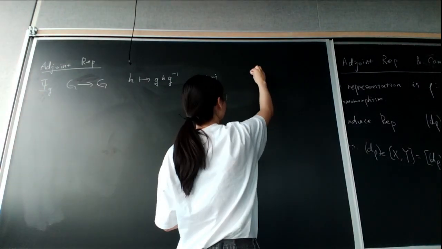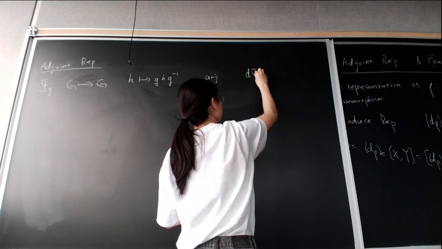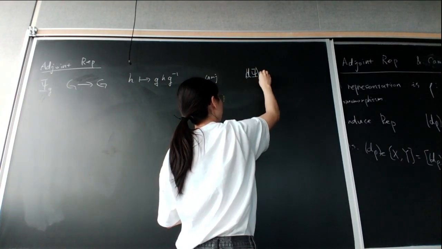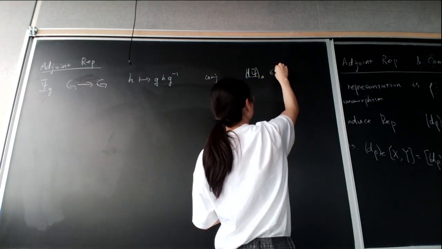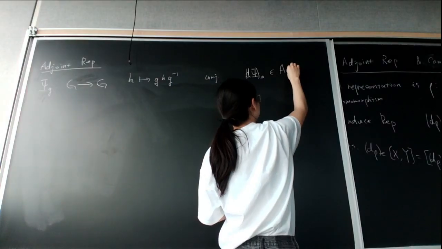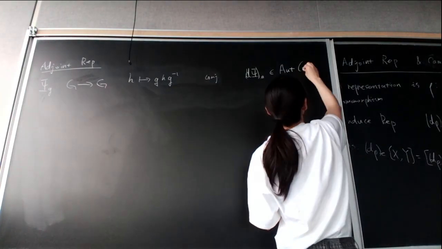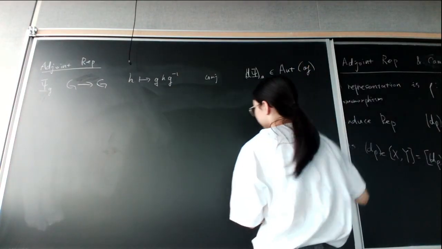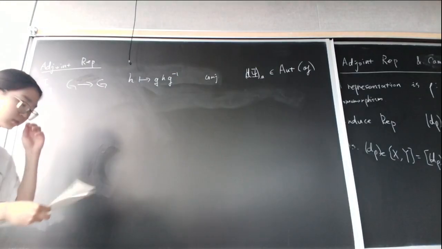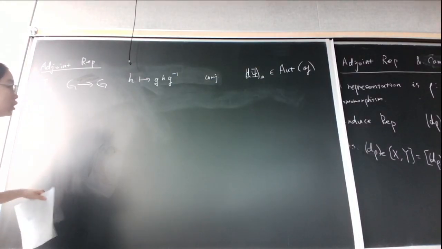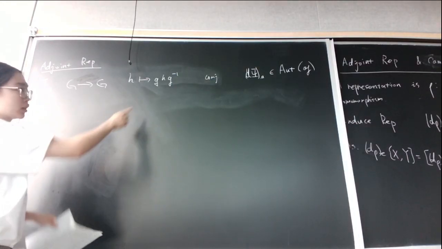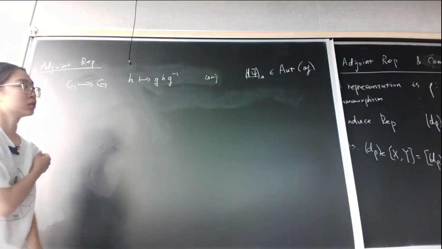Notice that the derivative at identity is in the automorphism group of the Lie algebra, because this sends identity to identity.